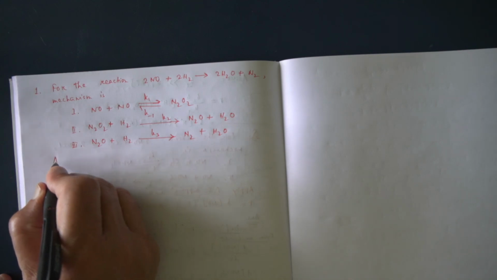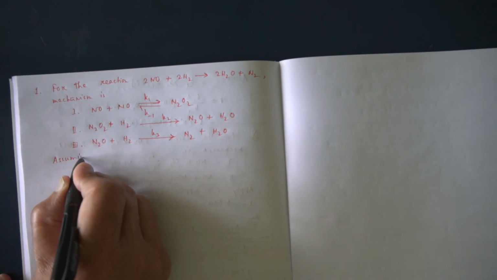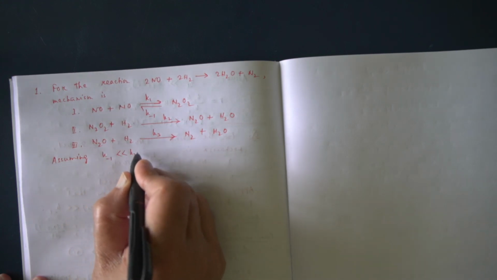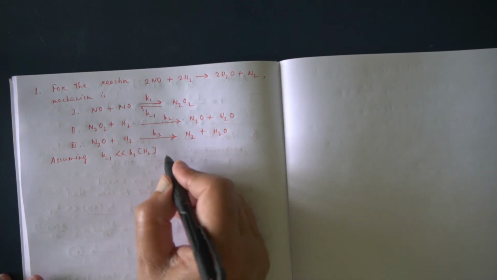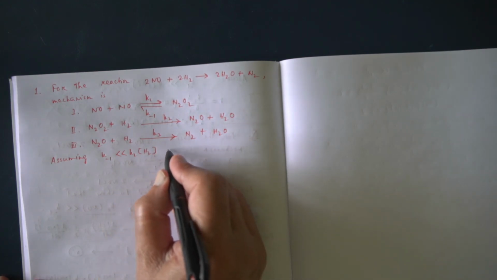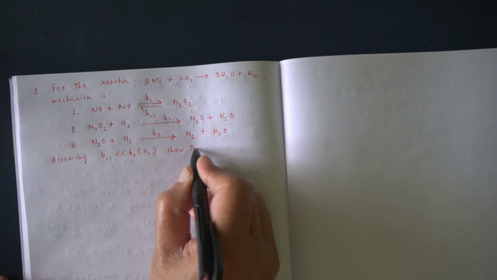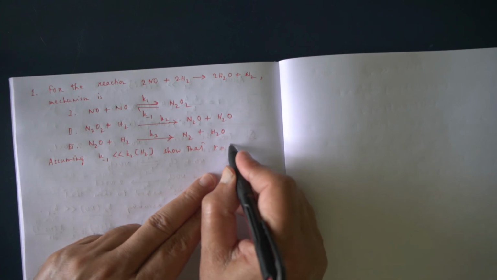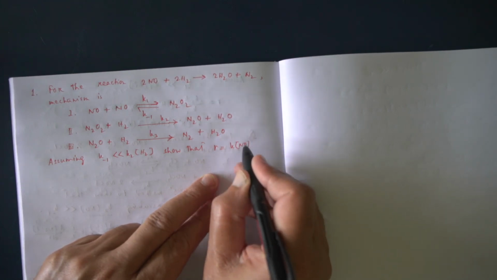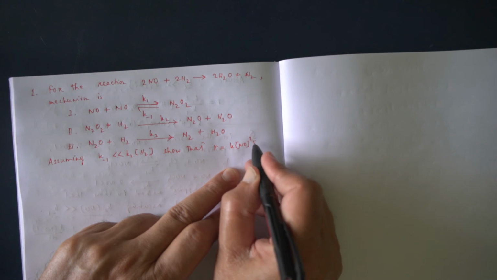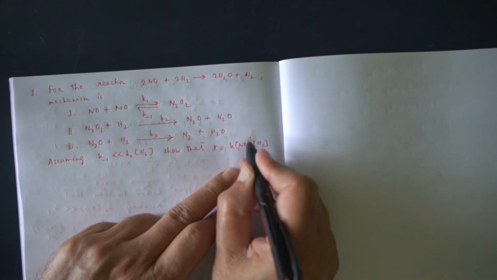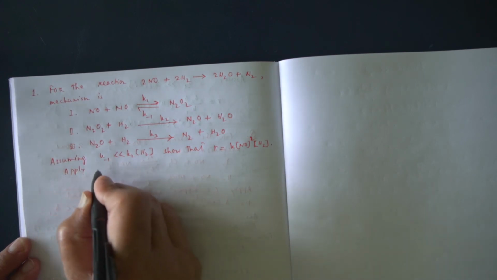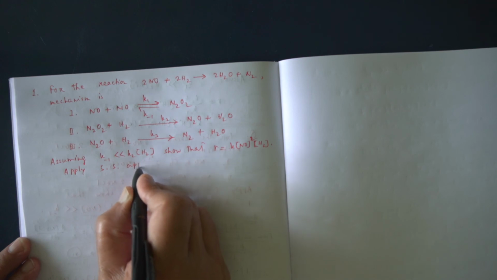Assuming K-1 is very, very much less than K2[H2], show that R equals K[NO]²[H2], and apply the steady state approximation method.